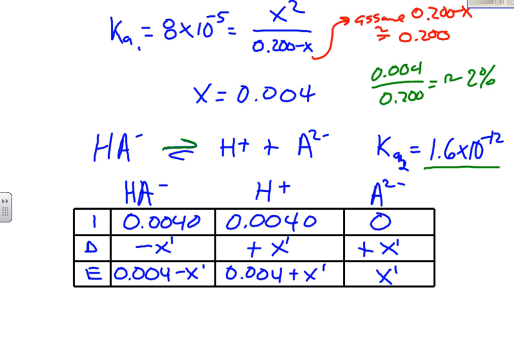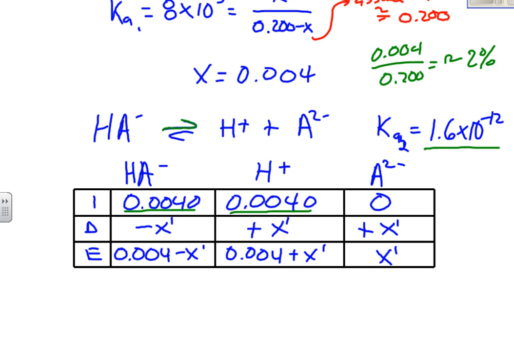If you consider the fact that you already have a bunch of A minus in solution, and we already have this whole big amount of H plus in solution, it doesn't take much to realize that the minus x and plus x parts are going to be extremely insignificant.